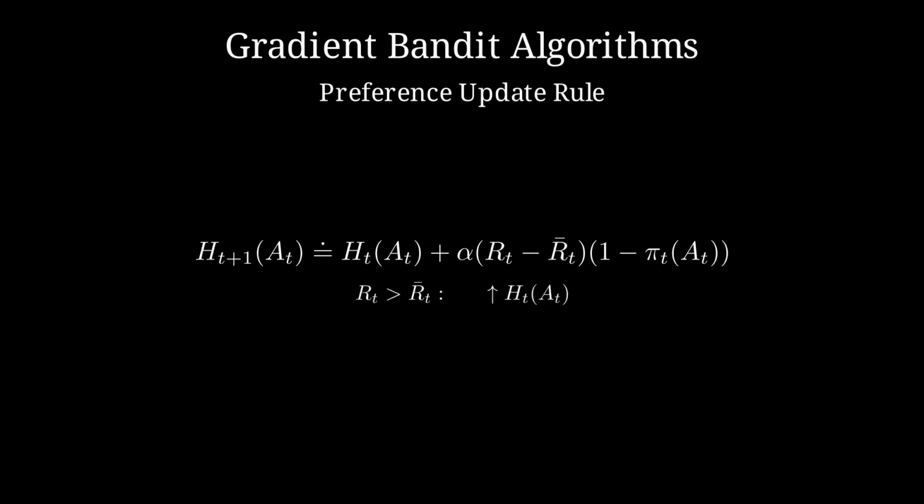If the reward exceeds the baseline, the preference for the selected action increases. If it's below the baseline, the preference decreases. For non-selected actions, preferences shift in the opposite direction. This dynamic adjustment ensures the agent focuses on actions that yield better rewards relative to the baseline while maintaining randomness in exploration.